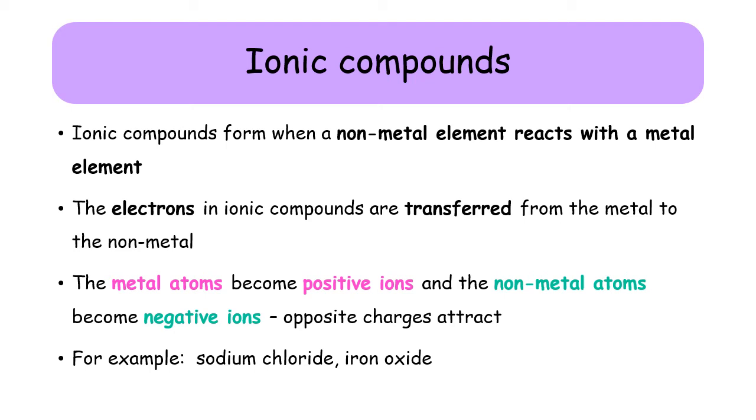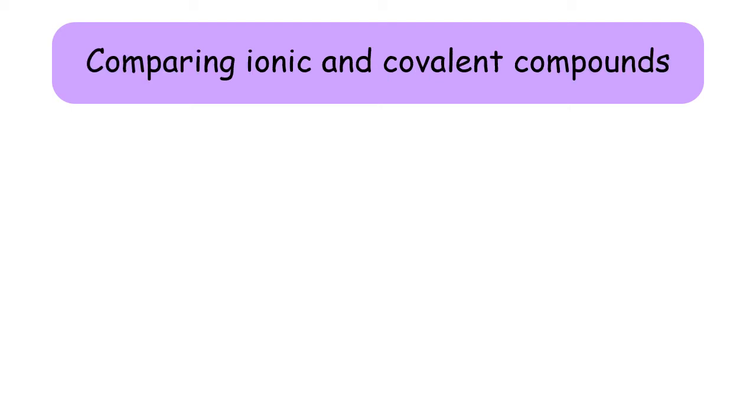But we also need other ways of determining whether a compound is covalent or ionic. So we can do this by looking at things like what they look like at room temperature, whether or not they have high or low melting points, and whether or not they conduct electricity.